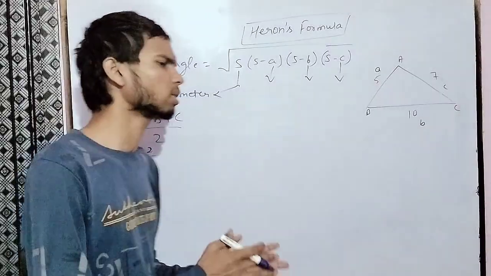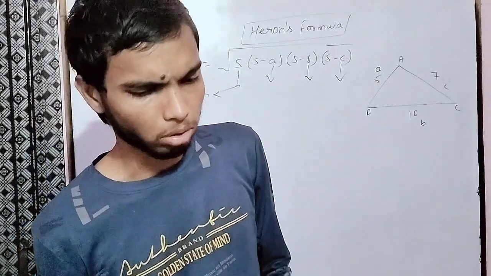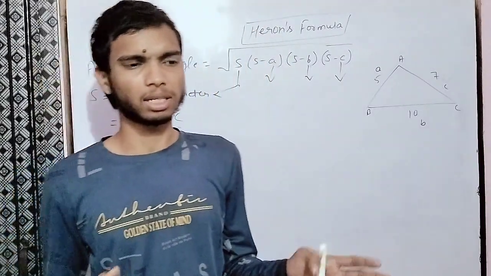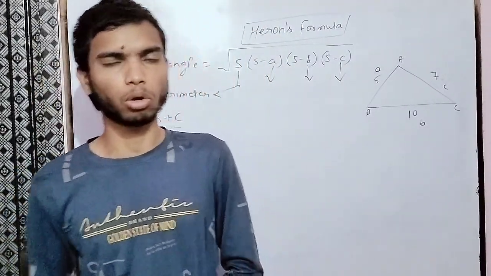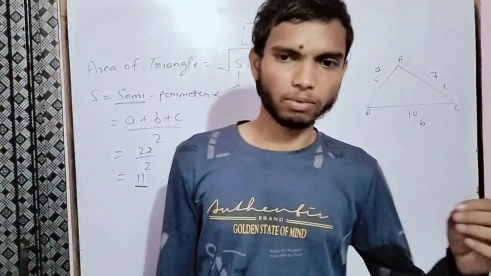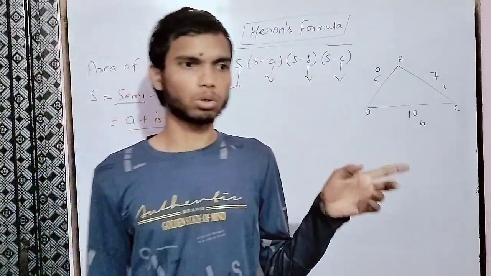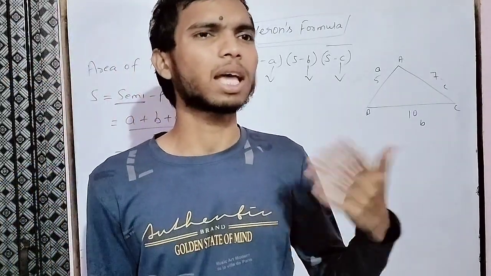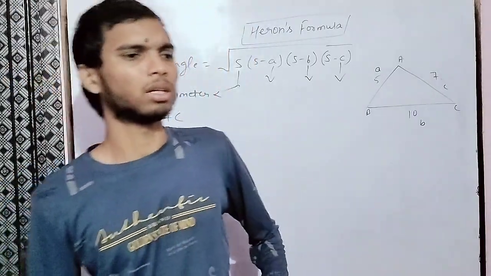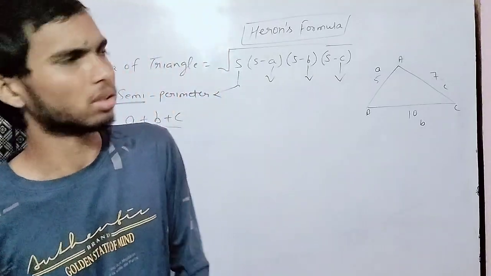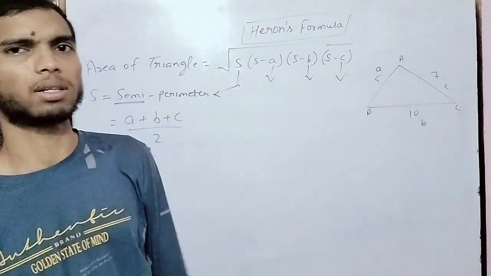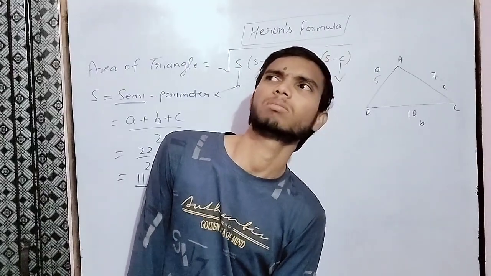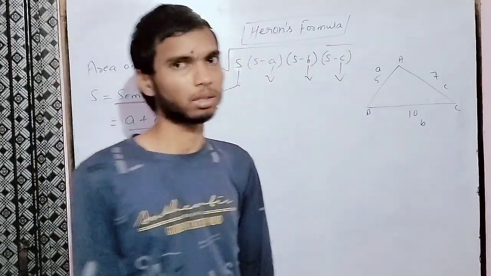Here you will mostly not observe a right angle triangle. We were using the formula 1 by 2 into base into height, which works in a right triangle. But what if you have an isosceles triangle or a scalene triangle?